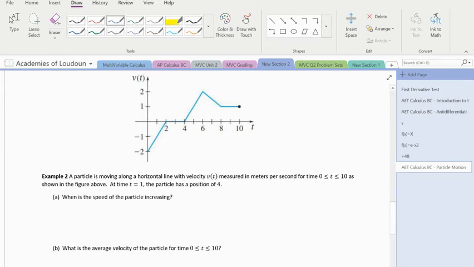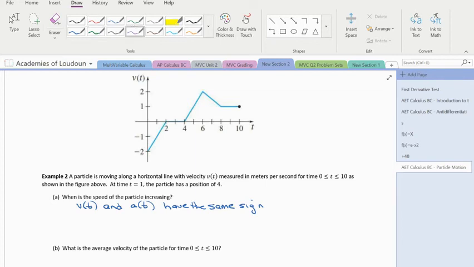So that's when our velocity and acceleration have the same sign. So in this case, we're looking for when the velocity here is negative, do we have a point where the slope of the velocity curve is negative, which we don't. So that isn't the case that we need to be concerned with.